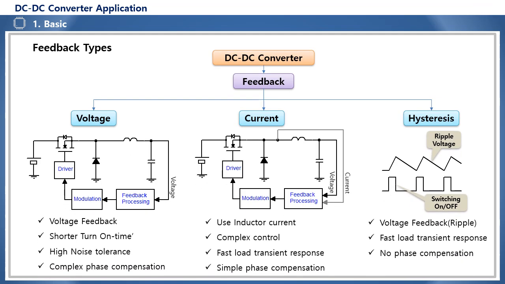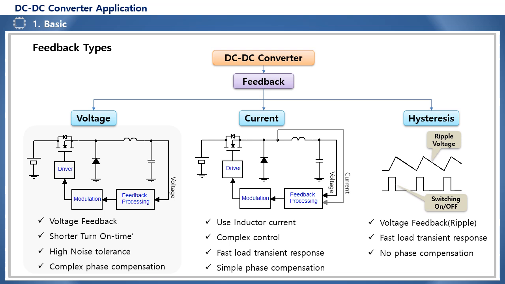In DC-DC converters, feedback control has three types: voltage mode, current mode, and hysteresis mode. Similar to linear regulators, DC-DC converters also use feedback loops to regulate for a constant voltage output. Voltage mode is the most basic and common method, which detects the output voltage and performs feedback control.